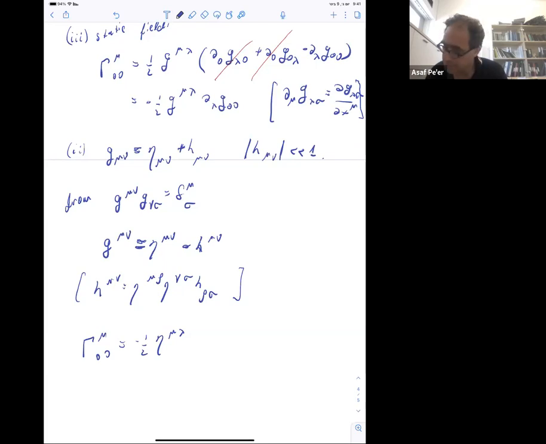And since eta is just diagonal, its derivative is going to give me 0 anyway, so it's d lambda of h 0 0. We all good? The other terms will just be second order terms, so I don't need them.